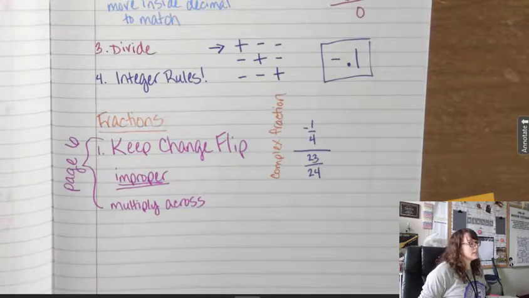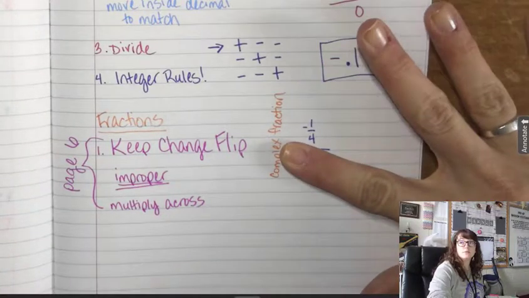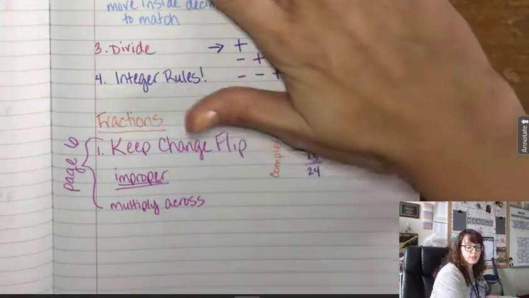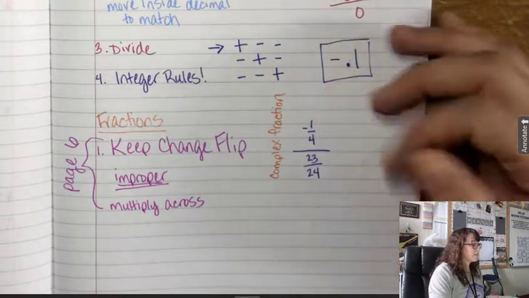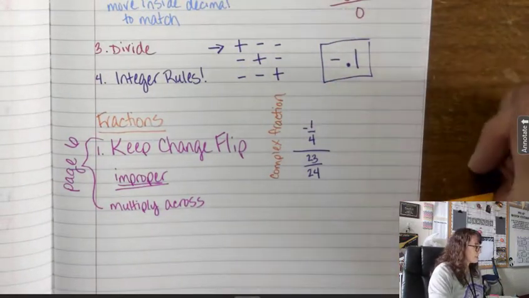We have 3, I would almost say there's 3 fractions. There's that one. There's this one. And then there's this one as a whole. So we have fractions inside of fractions inside of fractions.